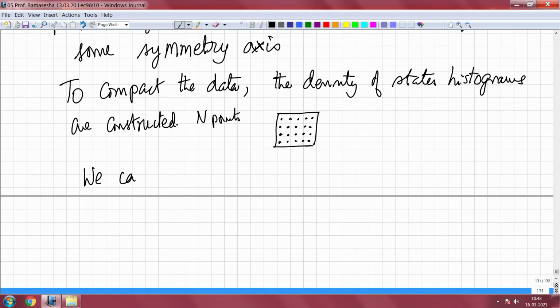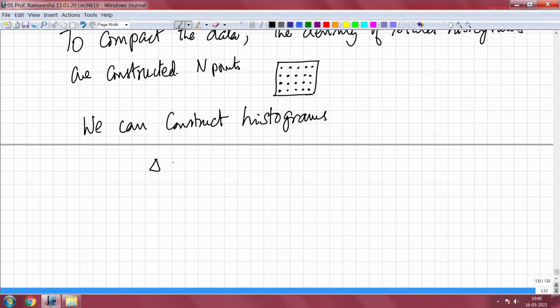We can construct histograms of number of states, delta n, between n at energy E and n at energy E plus delta E. Of course, it is modulus.